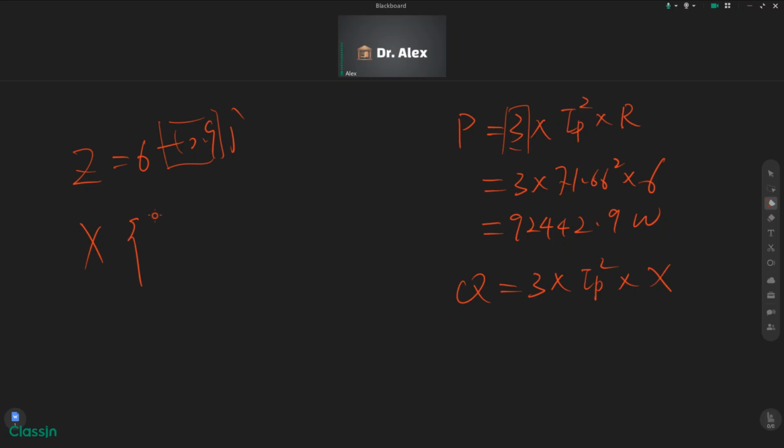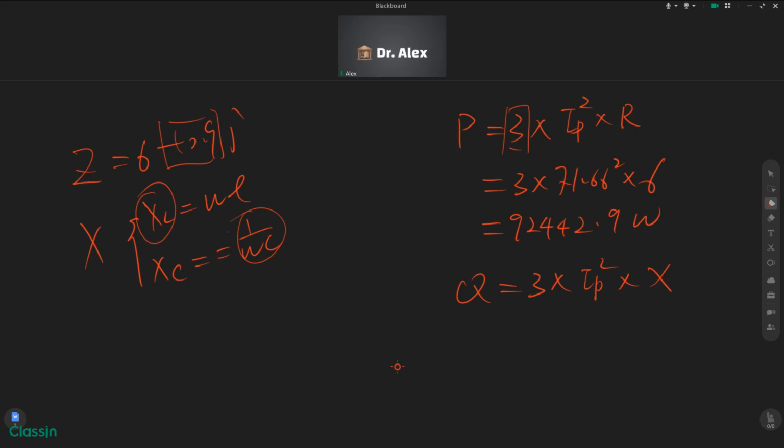One is from the inductance, which is XL equals omega L. The other is from the capacitance, which is XC equals minus 1 over omega C. In most cases for a wire, cable or transmission line, only inductance exists, so we use the inductance here.